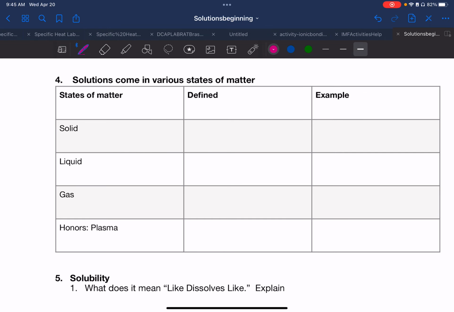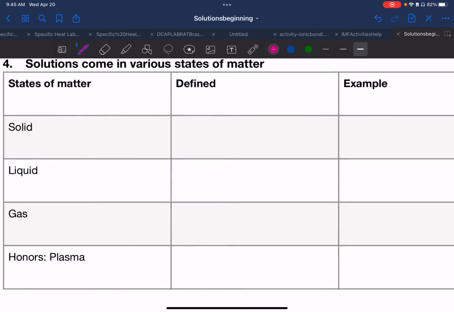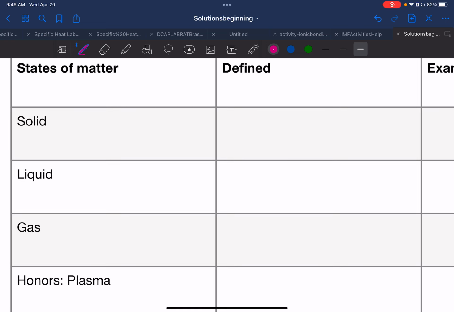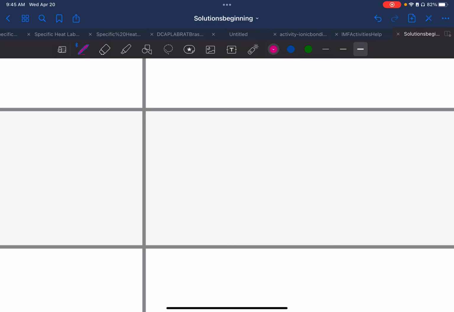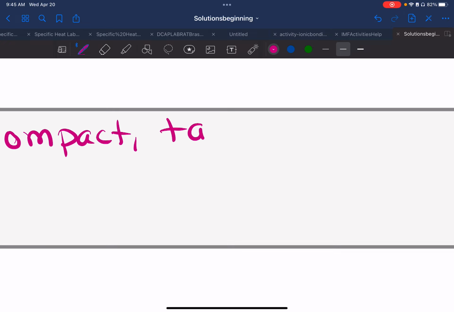So then I want you to go back over your states of matter. Some things I want you to think about. So like a solid. Well, how would you define a solid? Okay. Hopefully you're thinking, I usually get compact. Sometimes I get from y'all take shape of container.